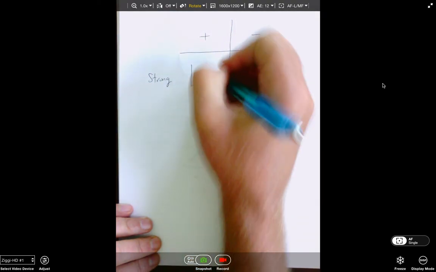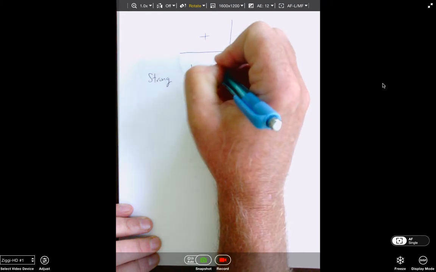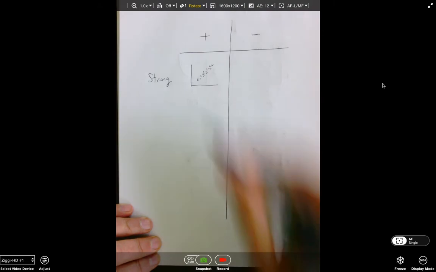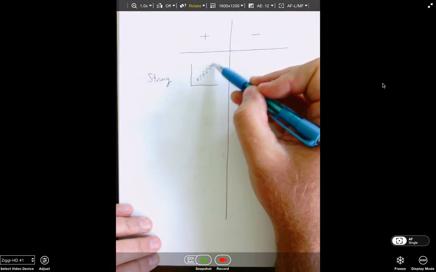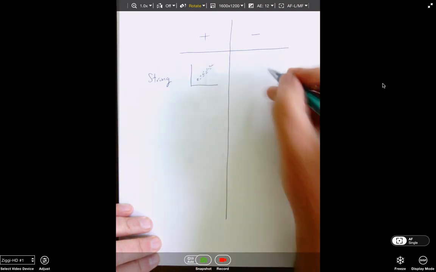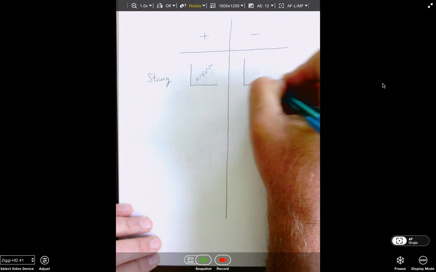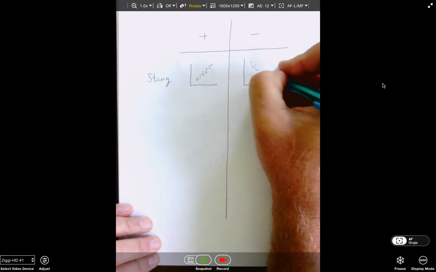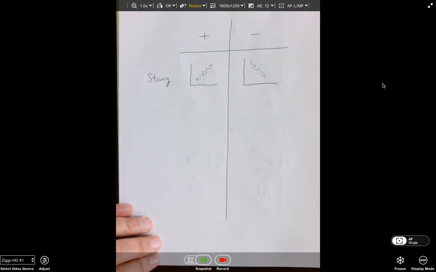Well, guys, a strong relationship won't have much variation in the points. If you think about a line going down through the central focus of the data points, there's not going to be much variation that way. That would be a strong positive. That would be a strong negative.